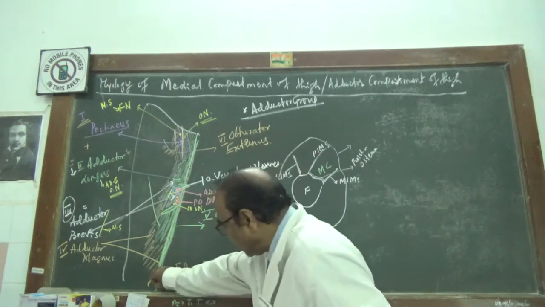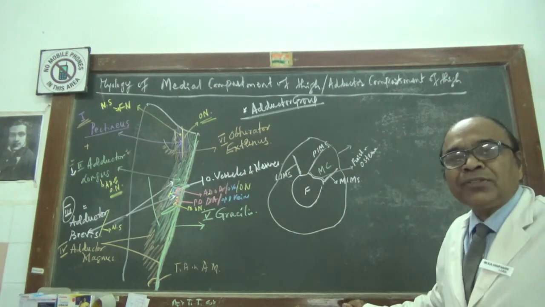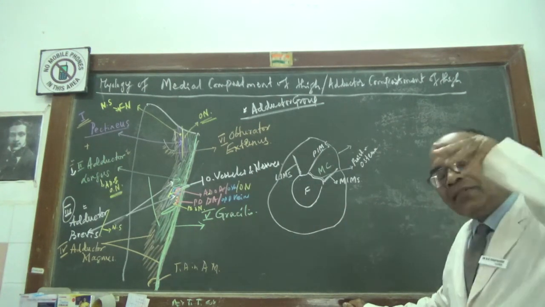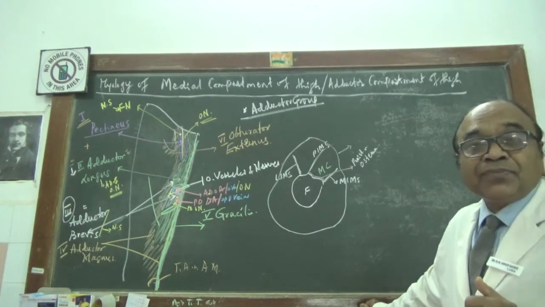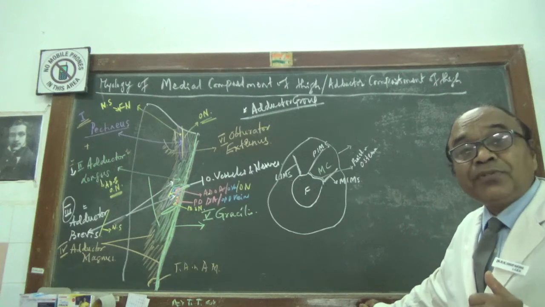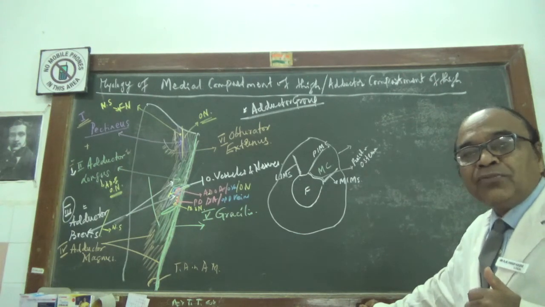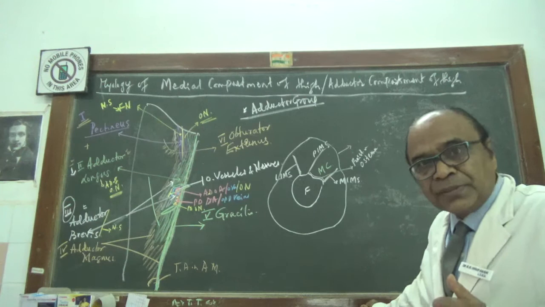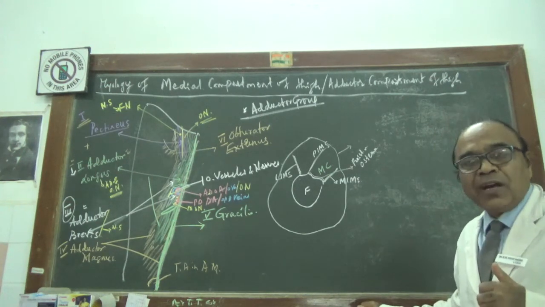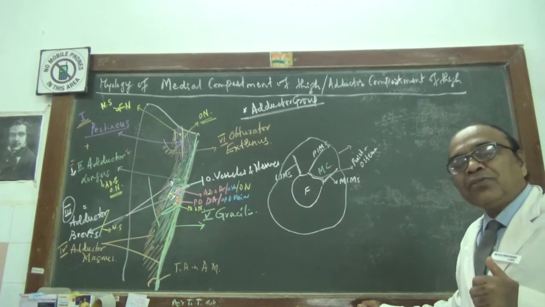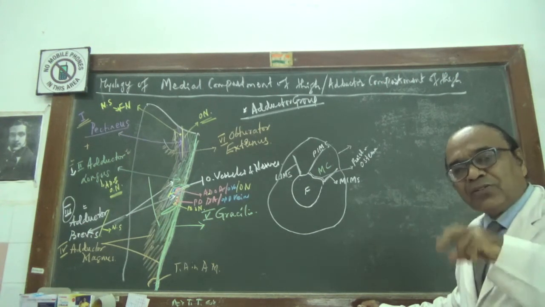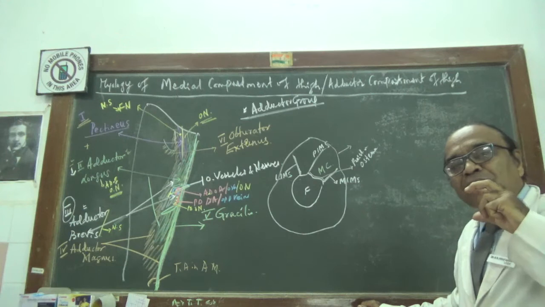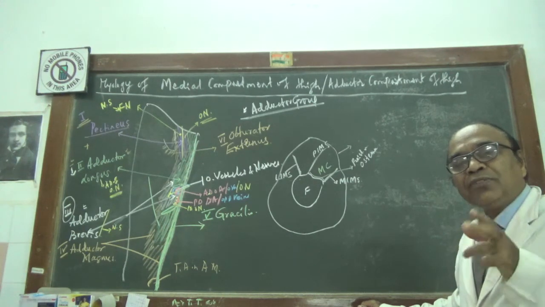That gap is said to be the tendinous aperture in the adductor magnus, and then it will get inserted on the adductor tubercle, which is present at the lower end of the femur, just above and projecting a little backwards and medially towards the medial condyle of the lower end of the femur.